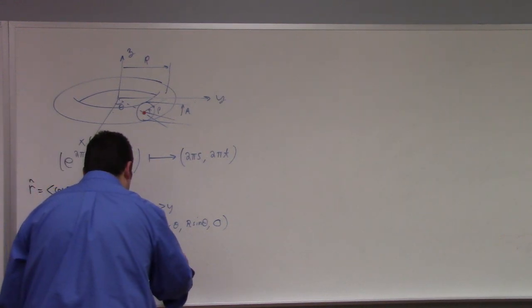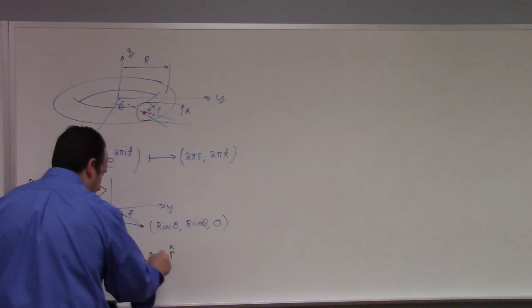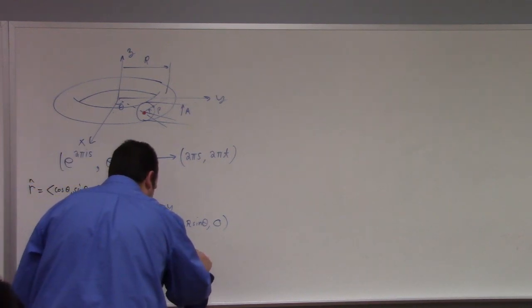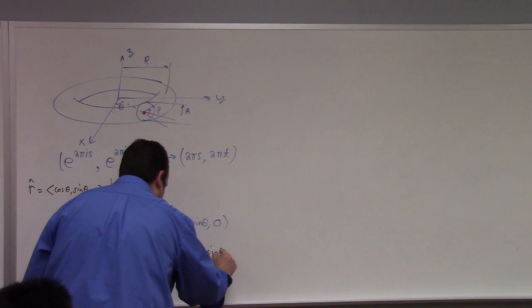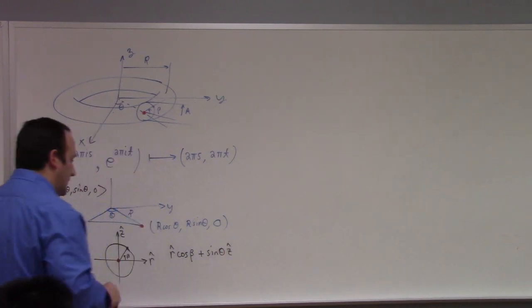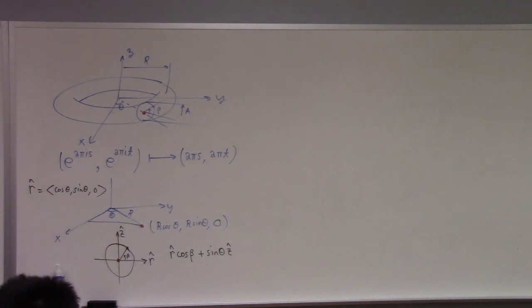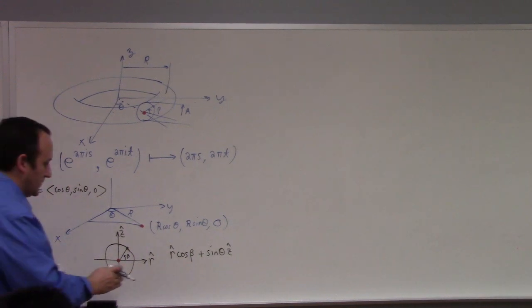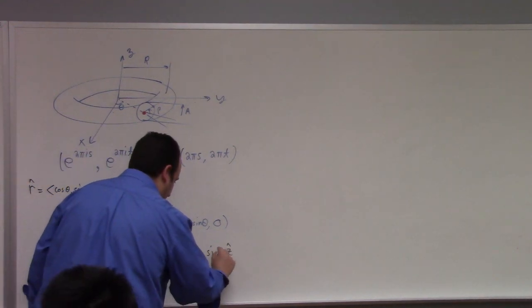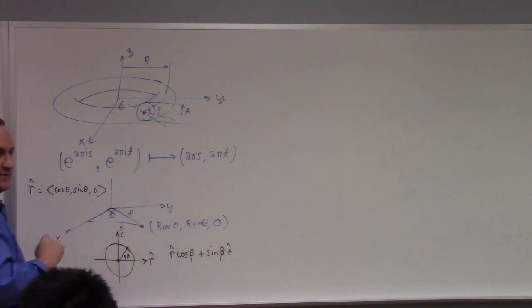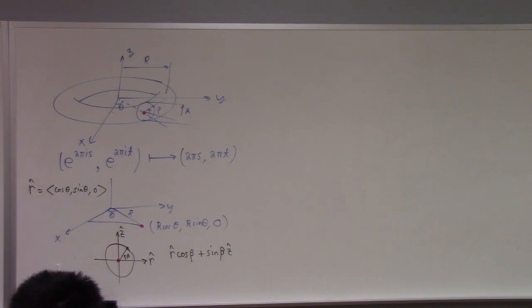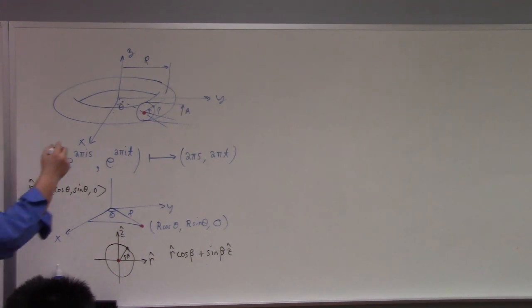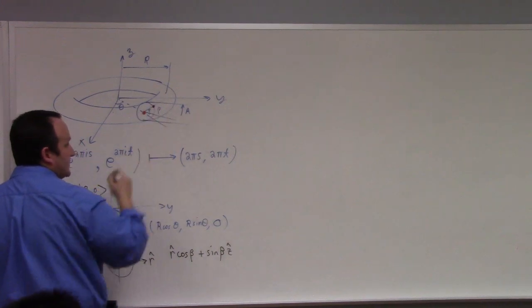Seems like I'm interested in r-hat what? R-hat cosine beta, yeah? Plus sine beta z-hat, yeah? So if I take that and not theta, but beta. If I take the thing I just wrote in black and I add it to what's in the blue above, that should get me to the point, like this point right here on the torus.